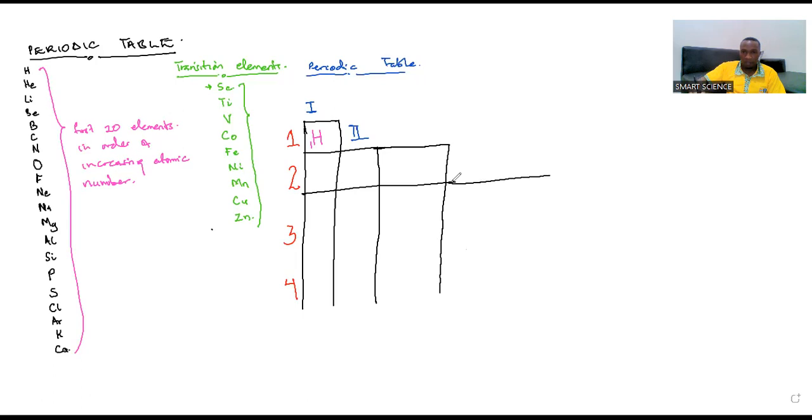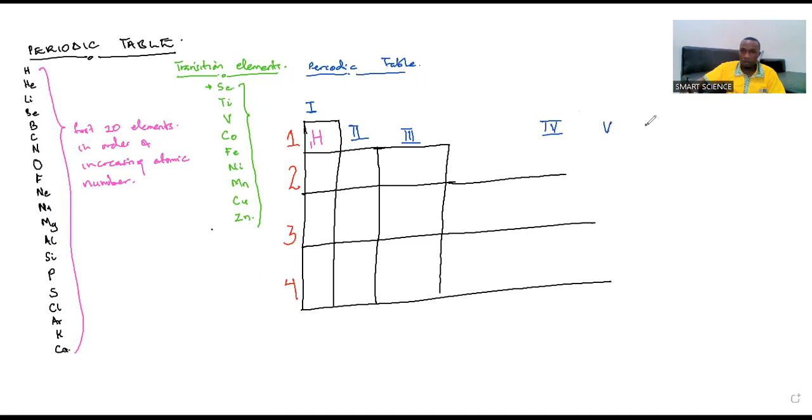We try to represent the transition part of the periodic table. From group 3, we shall move to group 4. We shall find group 5, group 6, group 7. And lastly, we shall find group 8.